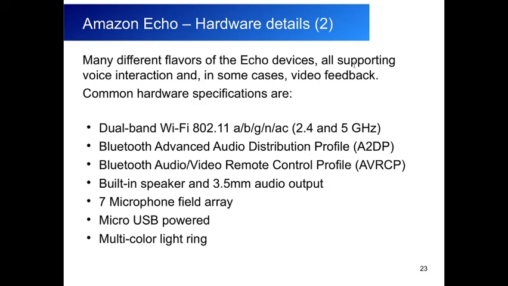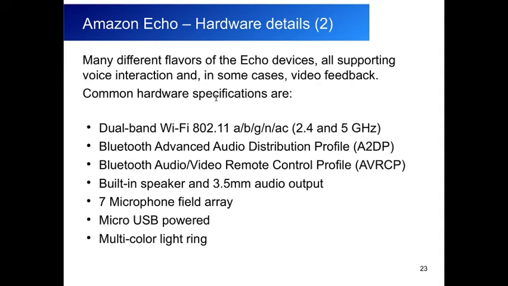There are different flavors of Echo devices that all support voice interaction, and in some cases also video feedback. The other specifications that are common to every device are dual band Wi-Fi for 2.4 and 5 gigahertz, Bluetooth A2DP for audio, and Bluetooth AVRCP, the remote control profile, which is again to control video and remote devices by means of Bluetooth.